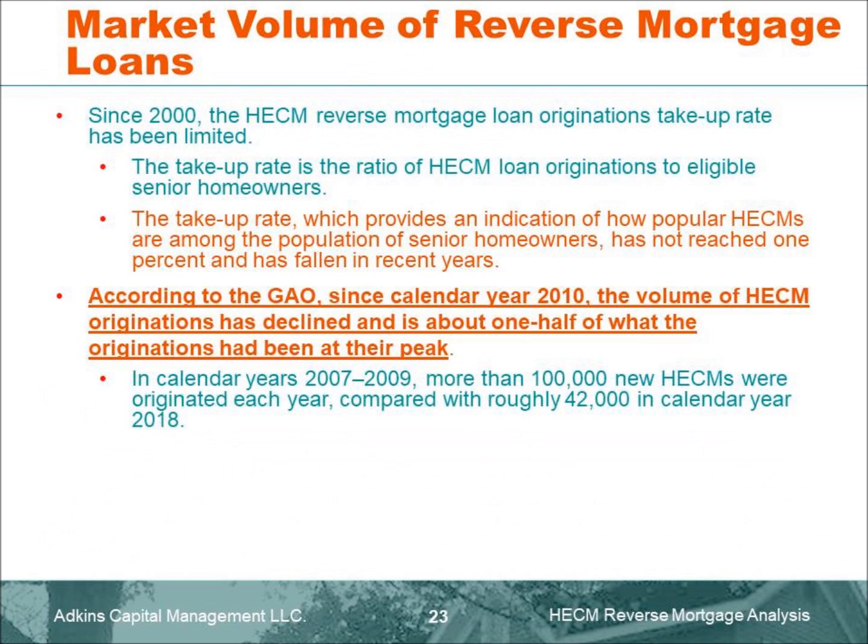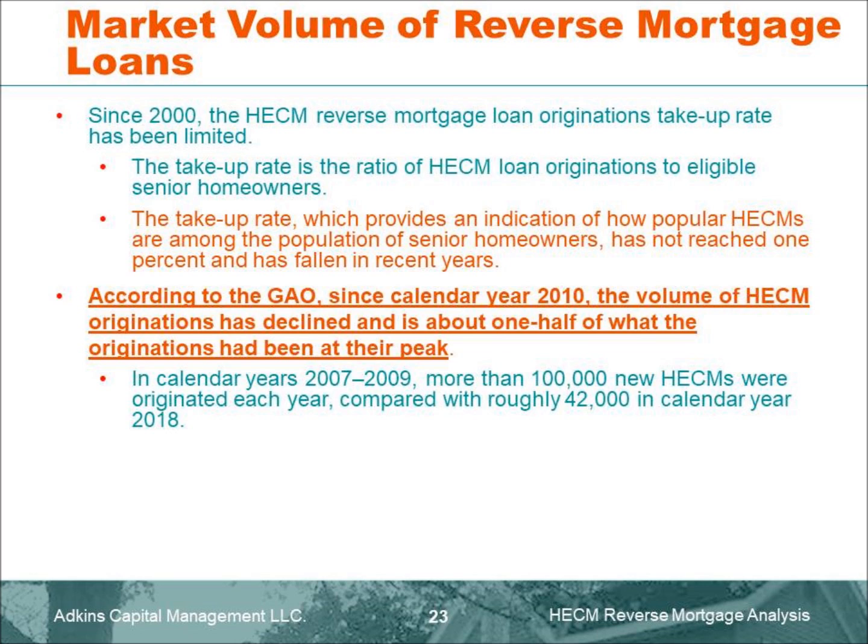And third, since 2000, the HECM reverse mortgage loan originations take-up rate has been limited. The take-up rate is the ratio of HECM loan originations to eligible senior homeowners. The take-up rate, which provides an indication of how popular HECMs are among the population of senior homeowners, has not reached 1% and has fallen in recent years.